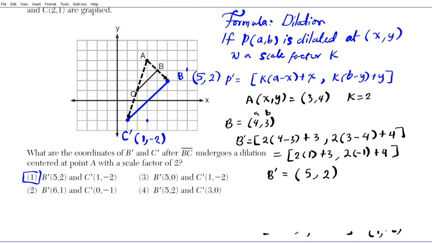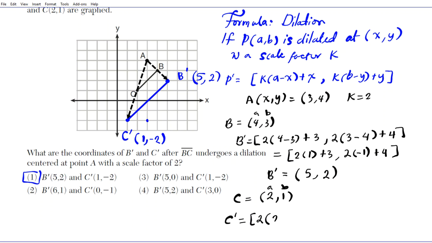Now let's do the next point, C prime. So first of all, let's indicate where we are starting from. Point C. C is 2, 1. So this is going to be our a and b for the formula. C prime, using the formula, is k, the scale factor, 2 times a minus x.